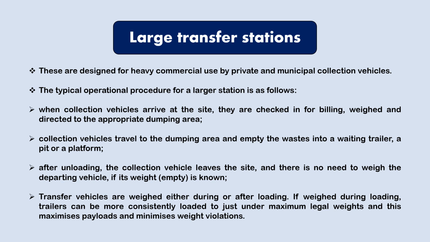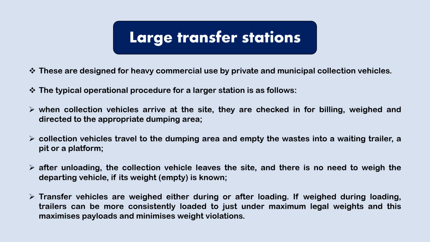So here the process that goes on is that when the collection vehicles come to the transfer station site, they are checked in for billing, weighed, and then according to the weight, they are directed to the particular dumping area.